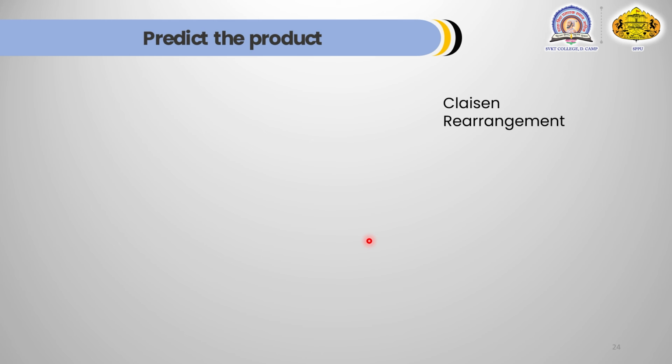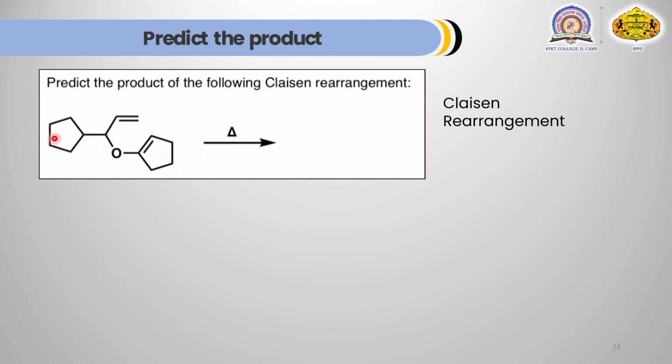Now at the end of this session we are going to solve some reactions, that is, predict the products. This is the first reaction. The substrate molecule is shown, and the question asks which product is going to form.